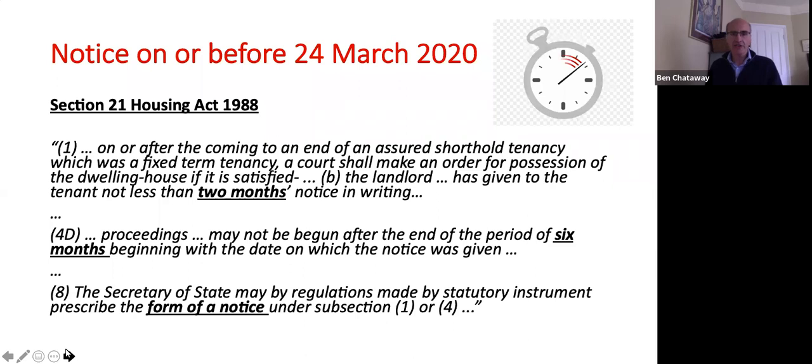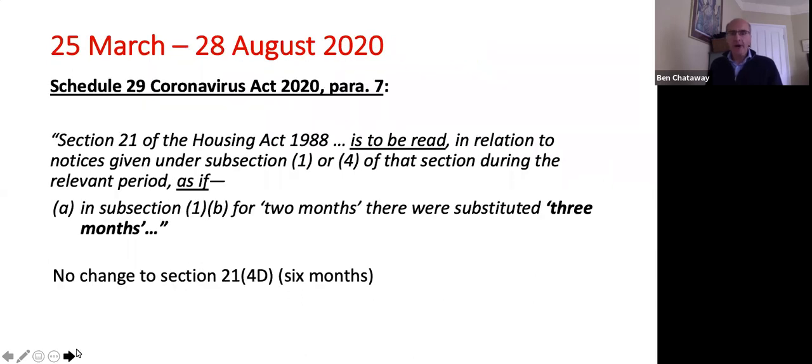How did it change? Well, from 25th of March, it was changed by the Coronavirus Act itself. And what the Act said was that Section 21 is to be read as if the reference to 2 months was a reference to 3 months. And just note those words, is to be read as, because I'm going to come back to those later.